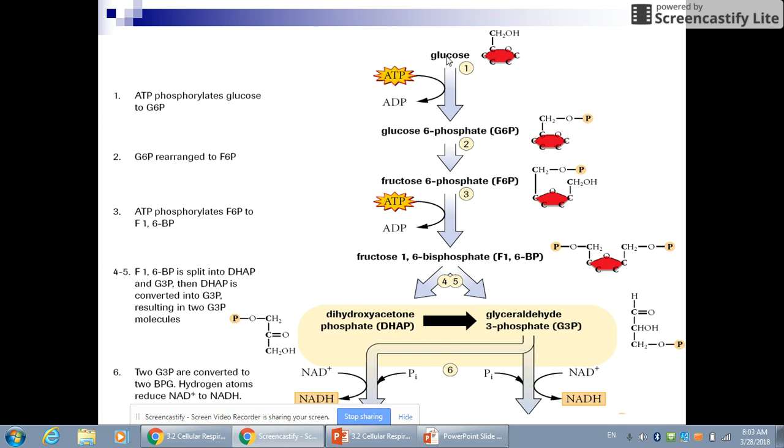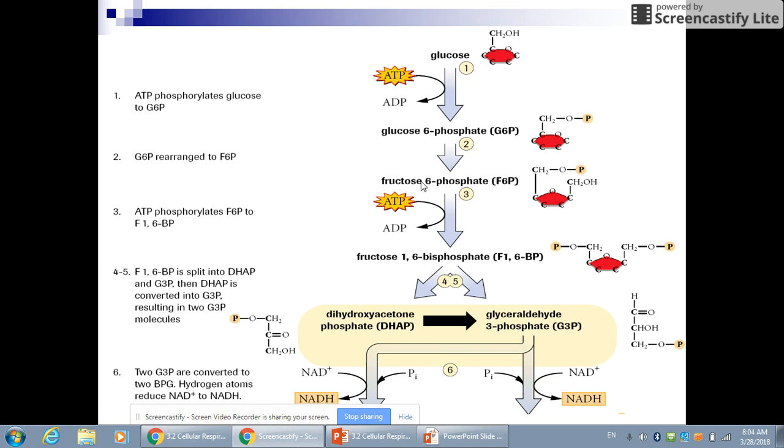So you take the glucose molecule, and an ATP molecule is used to phosphorylate it. So we think of glycolysis as a way to make ATP, but in the beginning, ATP actually has to be used. So you're phosphorylating the glucose molecule at carbon 6. That's why it's called glucose 6-phosphate. There's the phosphate group added.